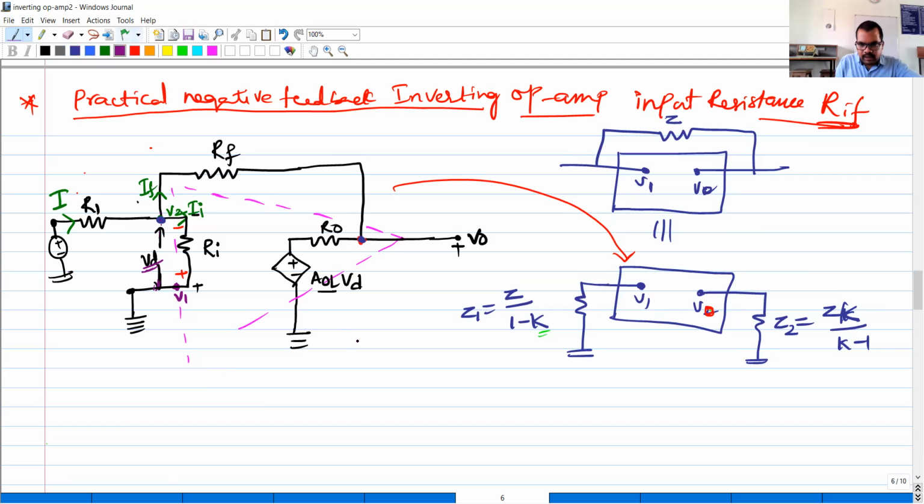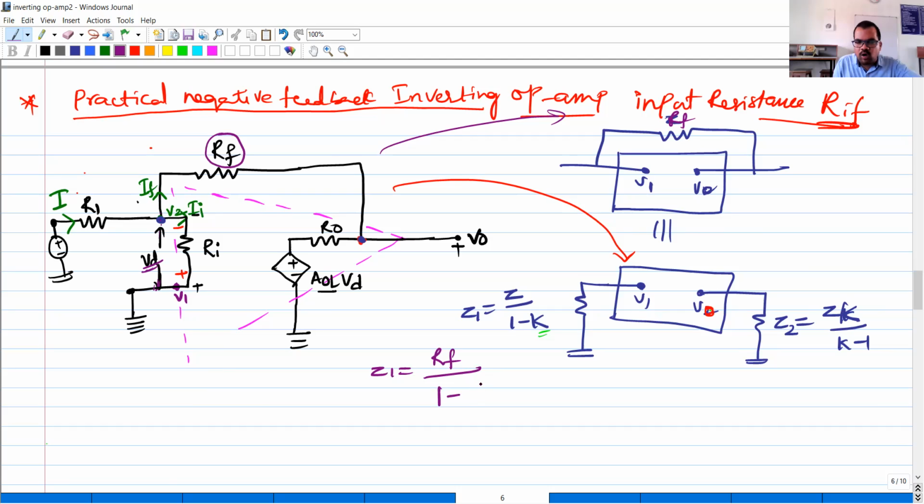Can you please tell me what is Z1? Z1 is equal to Z, and the Z value here is RF, from this circuit. So here I am writing RF by 1 minus K. What is K?